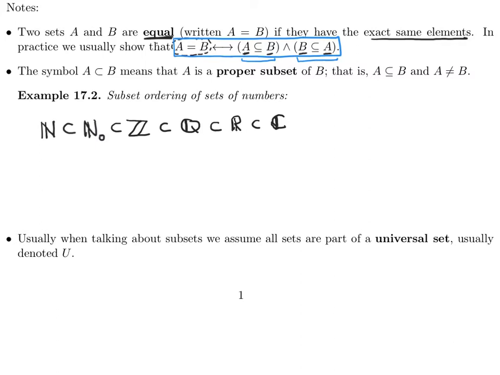Now, you could imagine us wanting to talk about elements not in a set. And if we're not careful about it, we can kind of get out of control. Imagine that A was the set {1, 2, 3}, and I wanted to talk about elements that weren't in A. Well, 4 isn't in A, 5 isn't in A, 7 isn't in A, but you could think of things like letters.